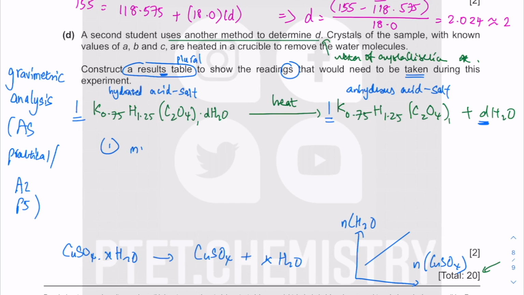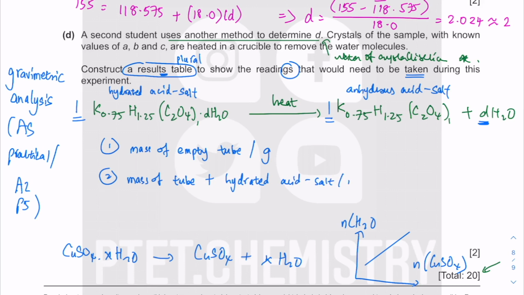I would need the mass of the empty tube to begin with, in grams. Then I would need the mass of the tube plus the hydrated acid salt. Don't forget that you have the unit for the measurements. All of these are using a mass balance.